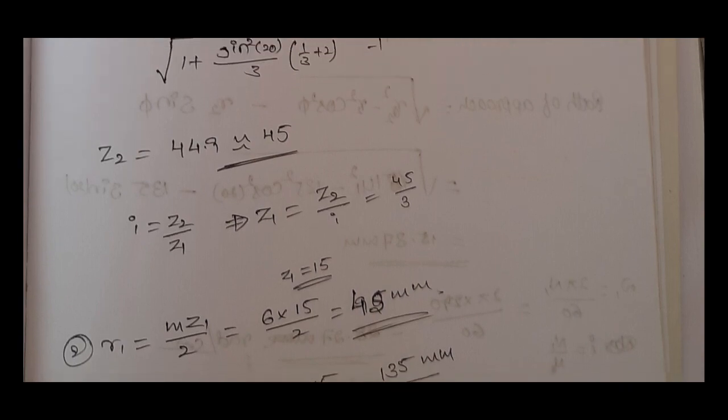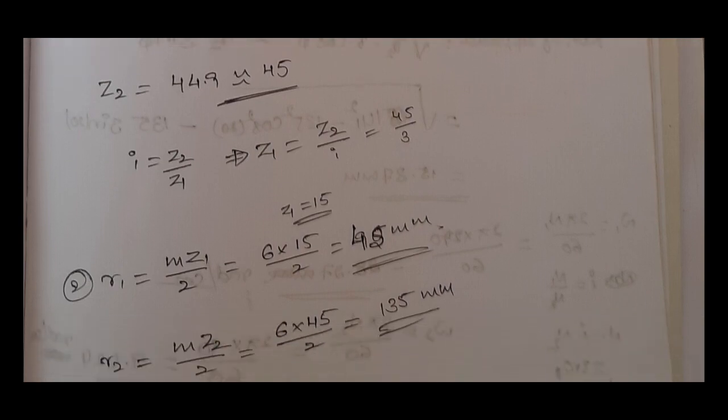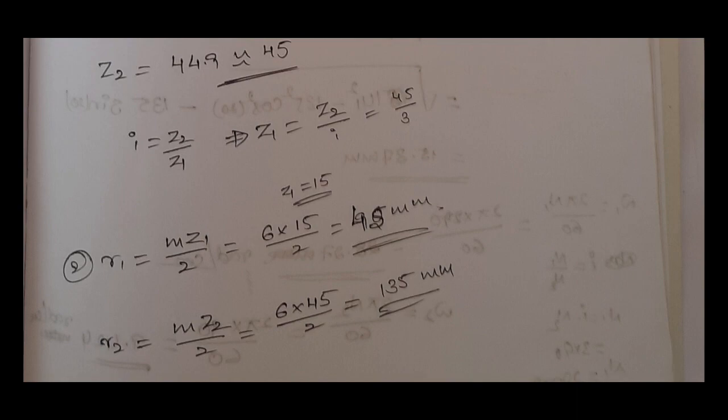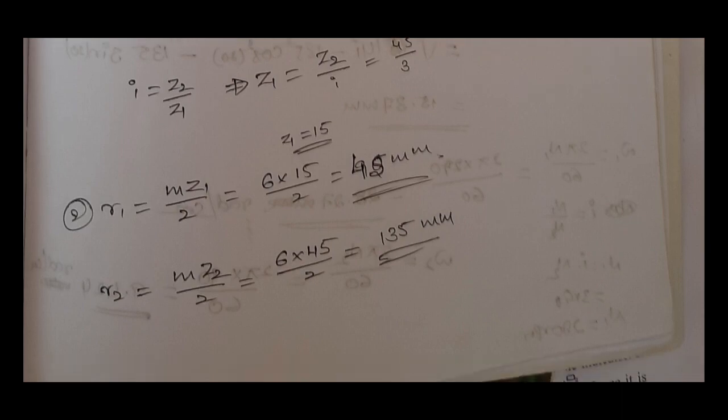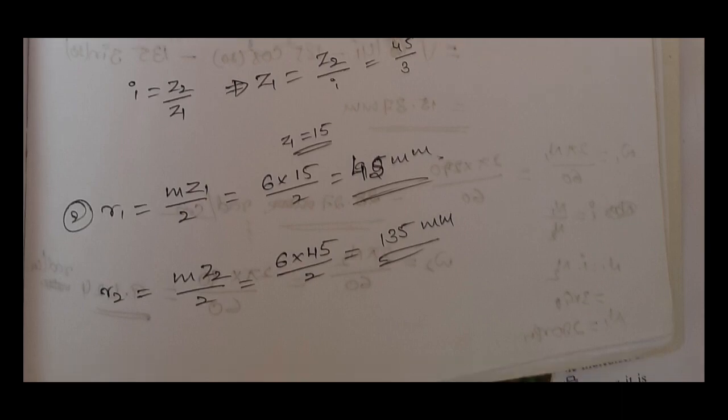Now using these numbers of teeth we can easily find the pitch circle radius of the gear as well as the pinion. What is the formula? R1 is equal to m Z1 divided by 2, that is 6 into 15 divided by 2, where m stands for module. If you do the calculation, you will get 45, the pitch circle radius for the driver.